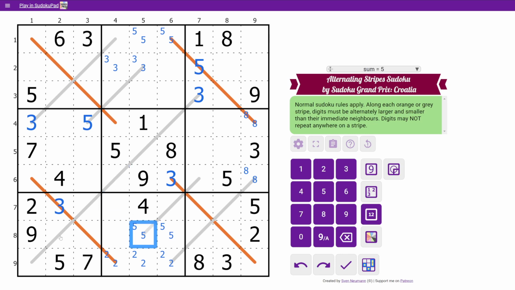And it goes in one of these two. 3, 5, 2, 8. Okay.